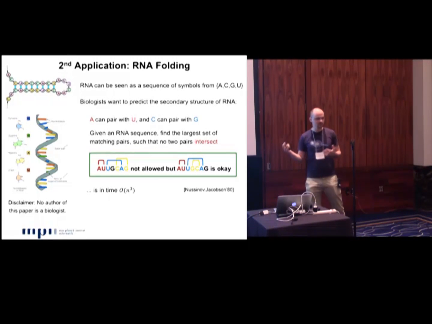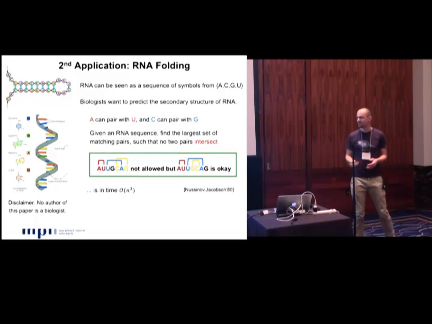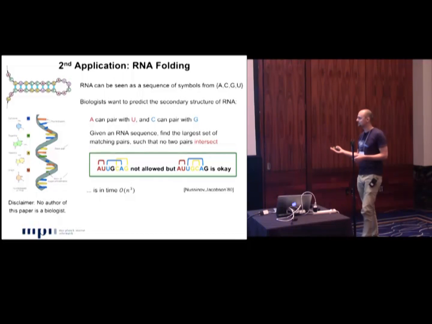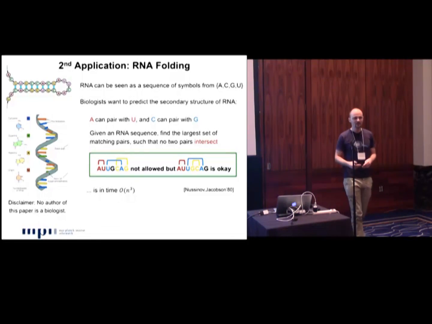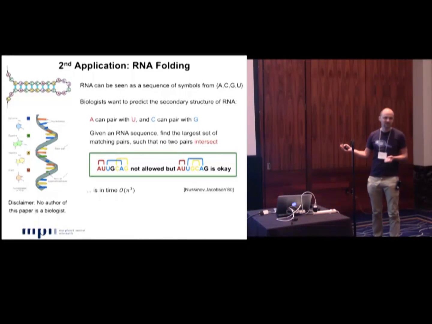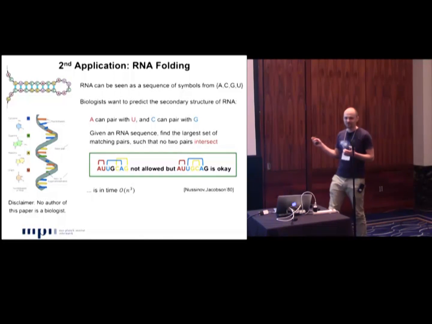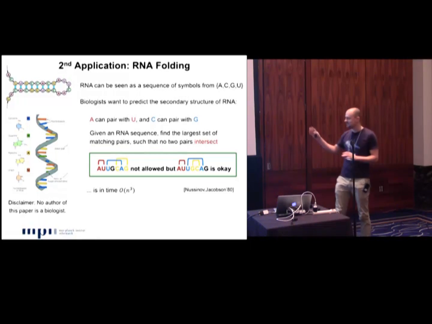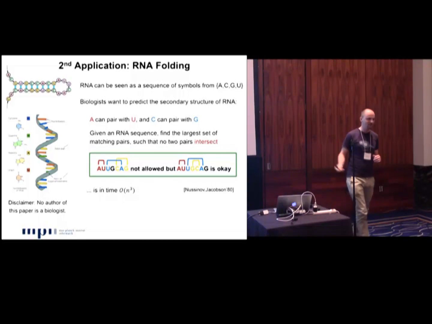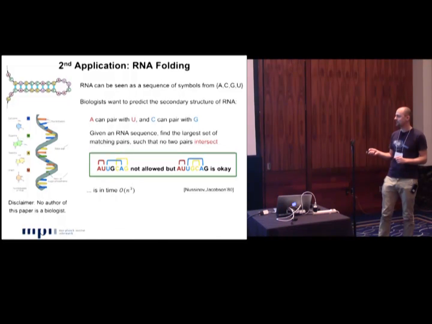And then there's a classic cubic time algorithm. Nussinov and Jacobson, who formulated this problem, gave this cubic time algorithm. And this was the first formalization of RNA folding. Modern computational biologists who do RNA folding do very different things, but this is just the very first formulation of this problem.